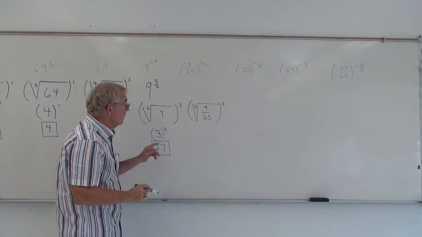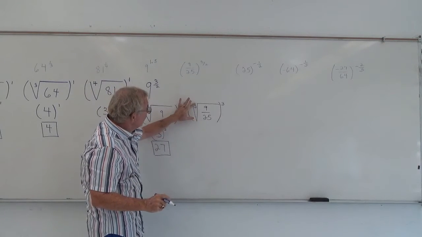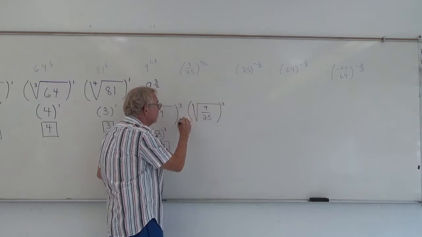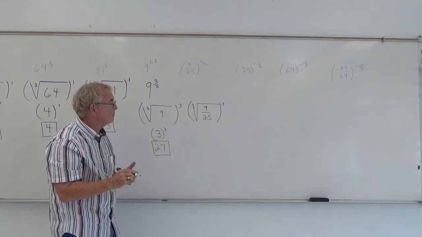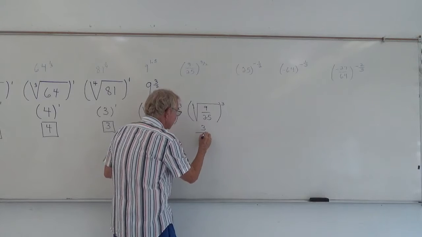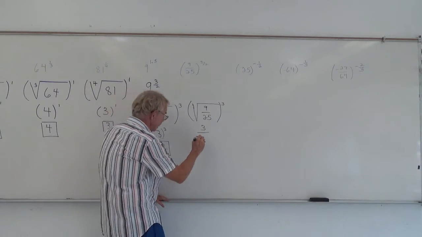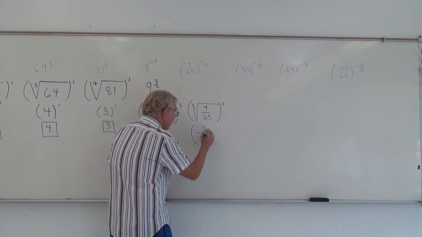Now, remember, a 2 means the same as a square root. So what's the square root of 9? What number do you multiply by itself to get 9? You would say 3. What's the square root of 25? Hopefully you would say 5. And then you raise that to the third power.